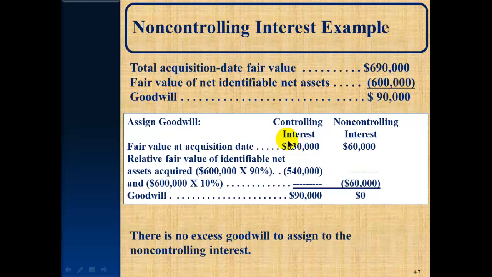Remember, this was $70 a share times the 9,000 shares. So all of the goodwill of 90 is going to go to the controlling interest. I've got nothing left to allocate to the non-controlling interest. So this illustrates how you don't always have a proportionate distribution of your goodwill between controlling and non-controlling interest. As you can see, there is no excess goodwill to assign to NCI.